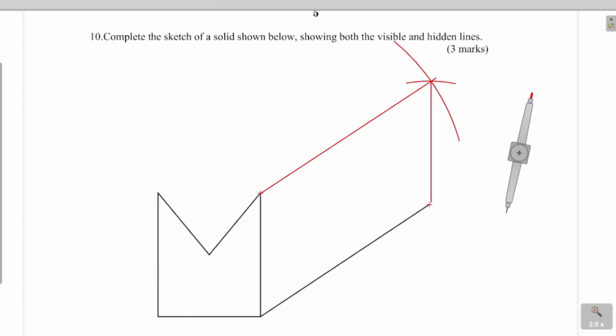Let me join this one properly. So you'll have one from this point all the way to, let me use a ruler for that.